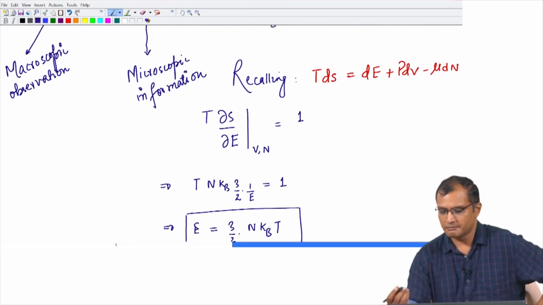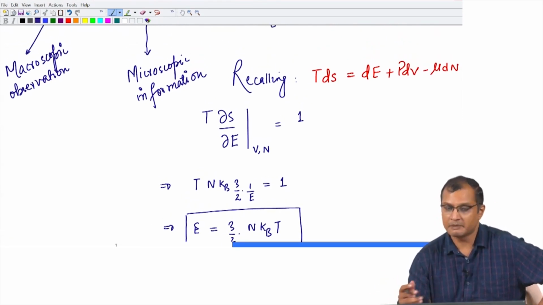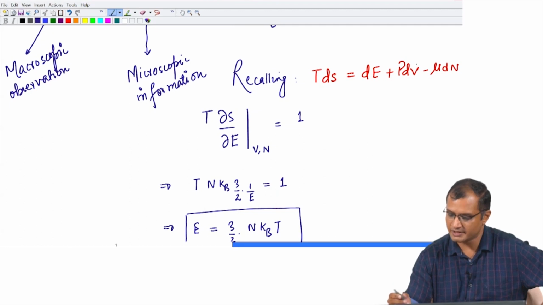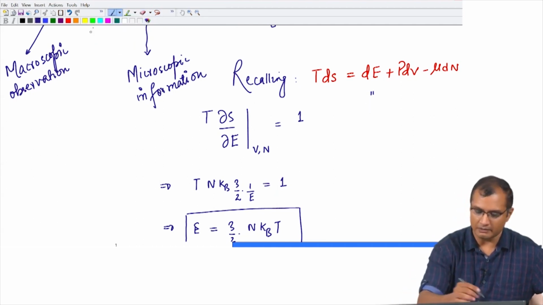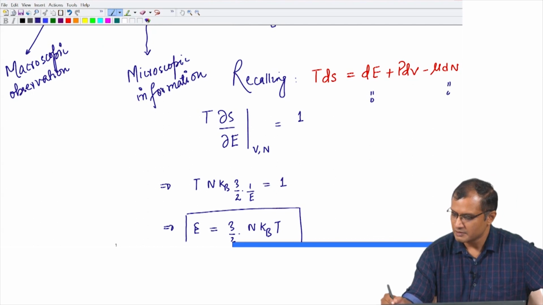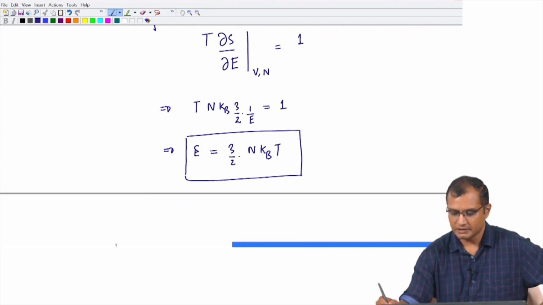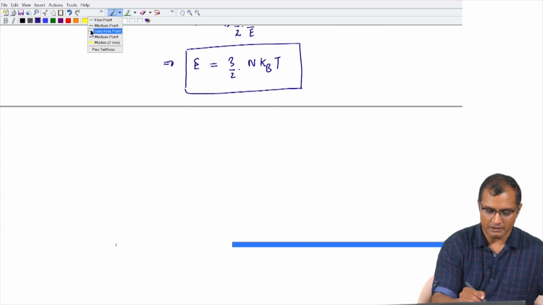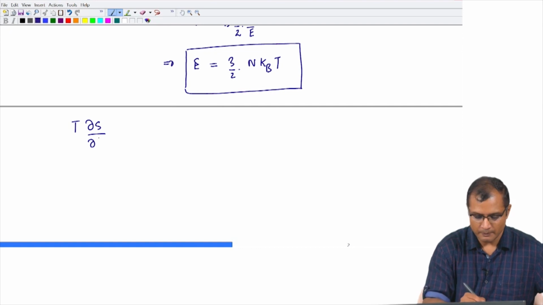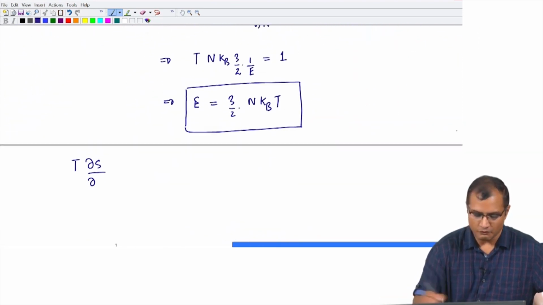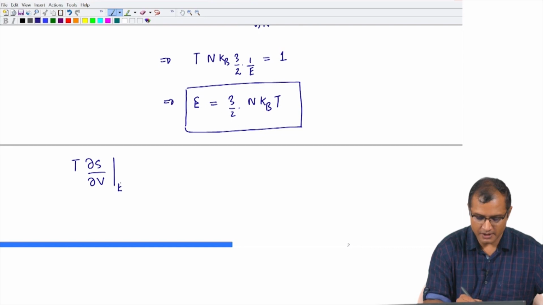So, another result you can obtain is the relationship between pressure and temperature. Now, in this case you take from the first law the derivative at constant E and constant N. So, you are taking the derivative of S with respect to volume at constant energy and number of particles.